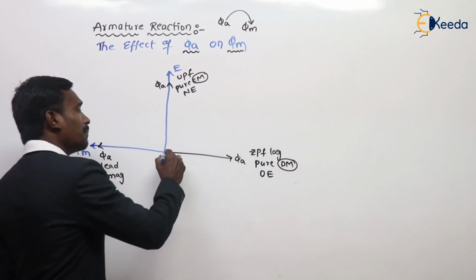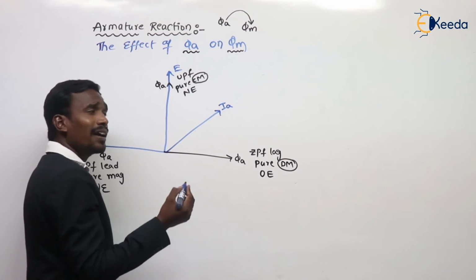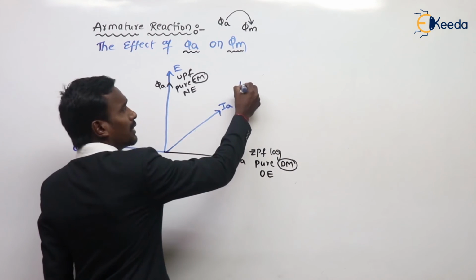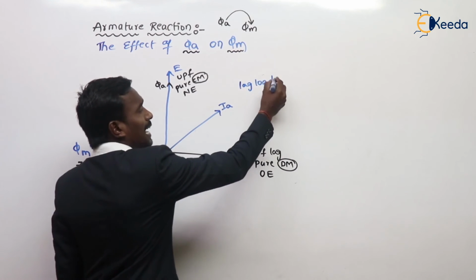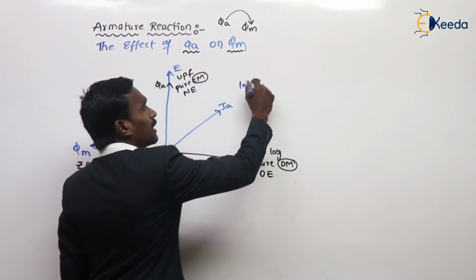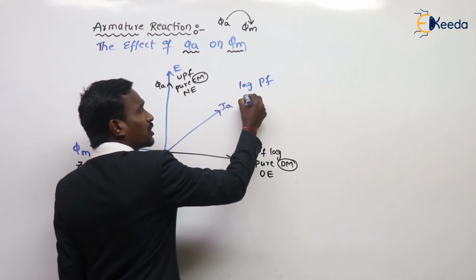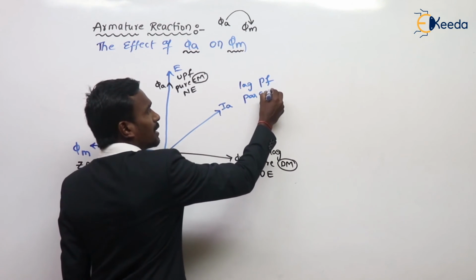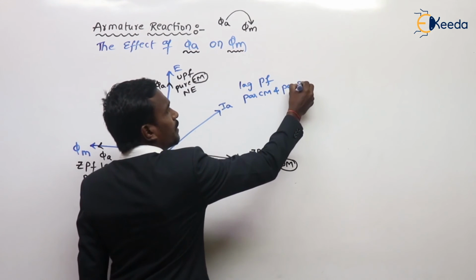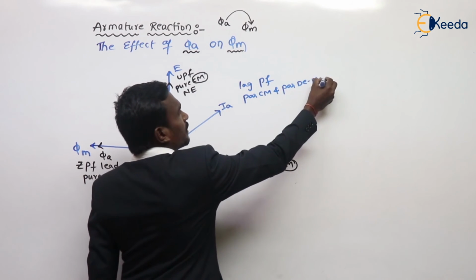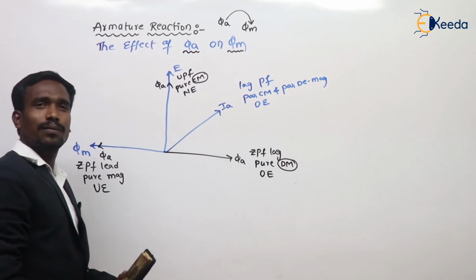If my armature current is here, that is RL load, a lagging load, lagging power factor, and the armature reaction is partially cross magnetization and partially demagnetization, and this is also over excitation.